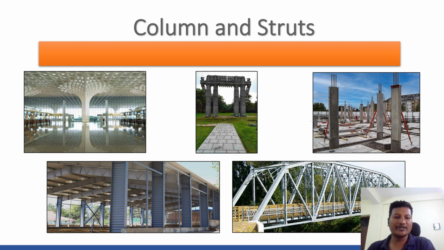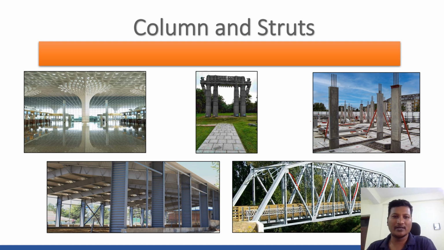The fourth image is a steel structure where this I section is used as a column. And the fifth, you can see this is a truss piece where these inclined members can be called struts.